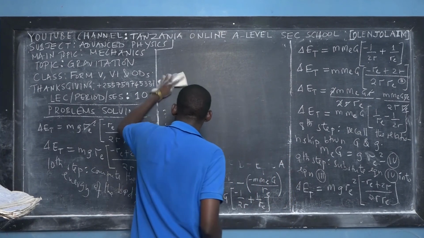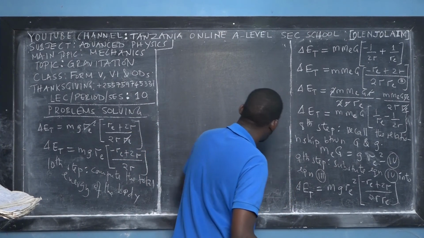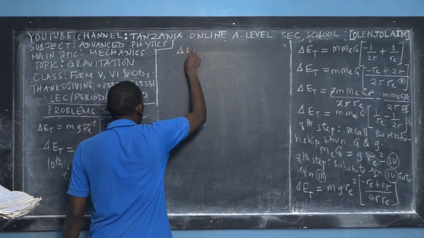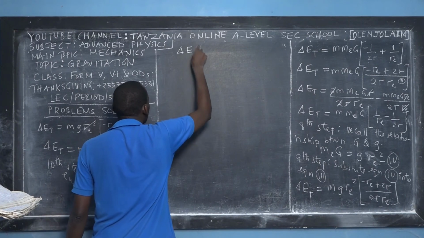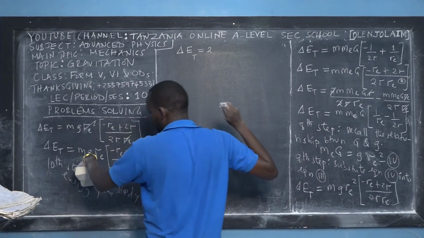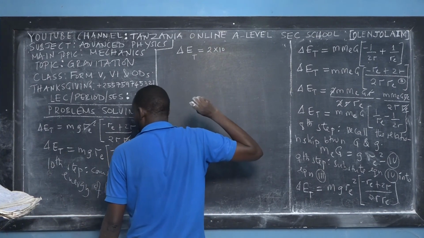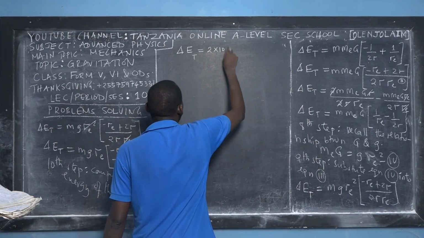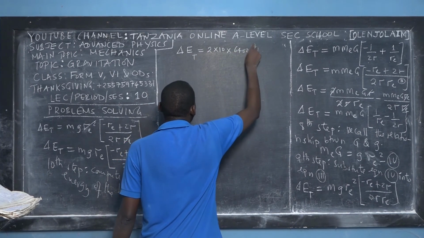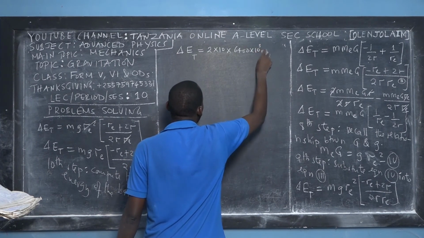We compute it according to the constants that you've been given, not according to the constants that you know. According to the question, the acceleration due to gravity is given as 10, not 9.8, don't cram. And the radius of the Earth is 6,400 kilometers, so this is exponent 3 meters.